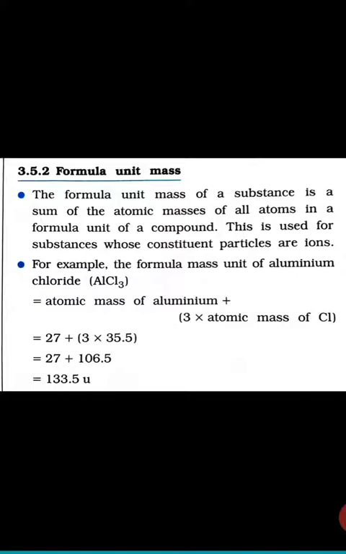So 3 into 35.5. So 27 plus 106.5 will give you 133.5 atomic mass unit. So that is the formula mass of aluminium chloride. Is that clear? More examples are given in your textbook. You can solve those examples also.